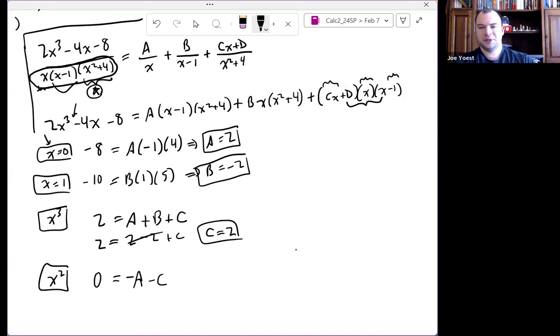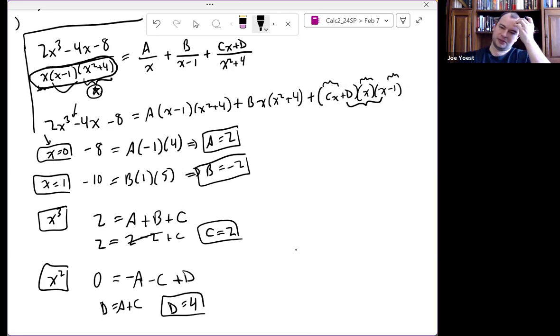And then I have plus d. Negative a minus c plus d equals 0, or in other words, d equals a plus c, I guess we could say. So d equals 4. So that's our a, b, c, and d.